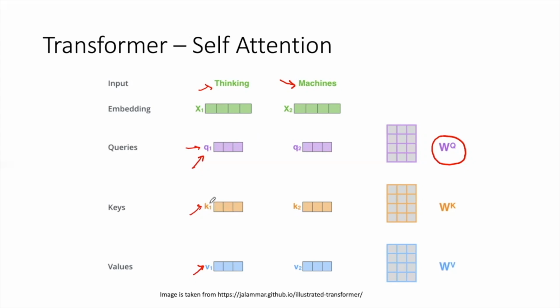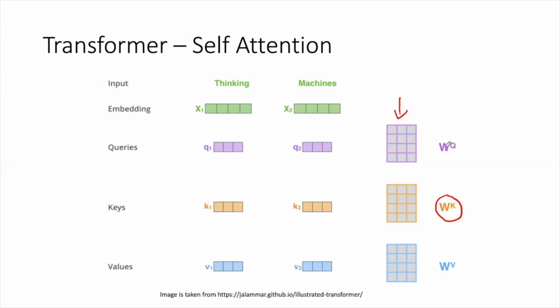Similarly, the other vectors, a key vector and a value vector, are generated by multiplying the same input x1 with different weight matrices. So here we have a key weight matrix that generates a key vector. These query, key, and value matrices are common.